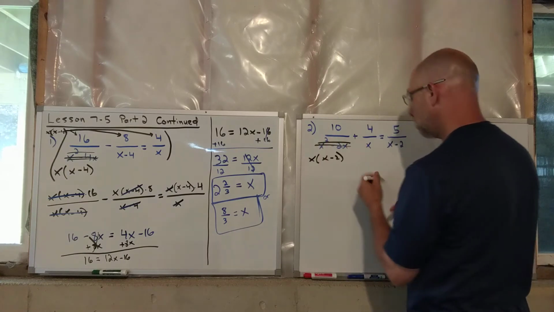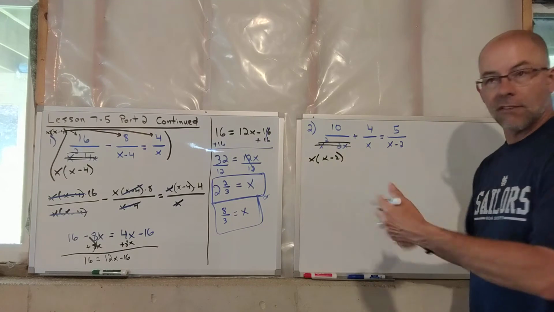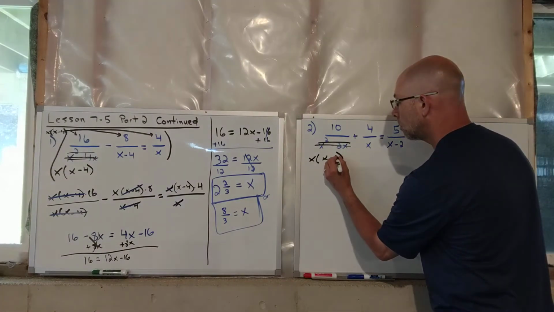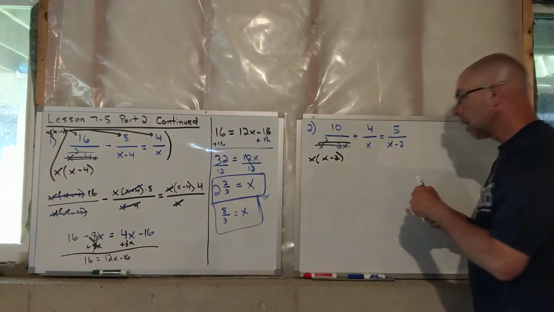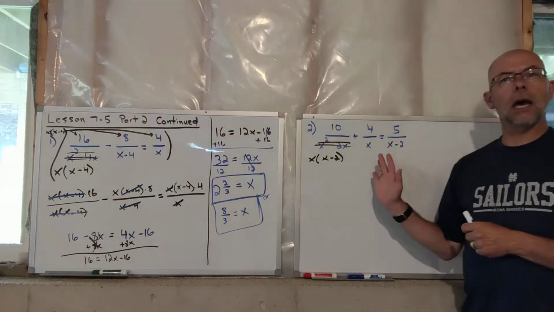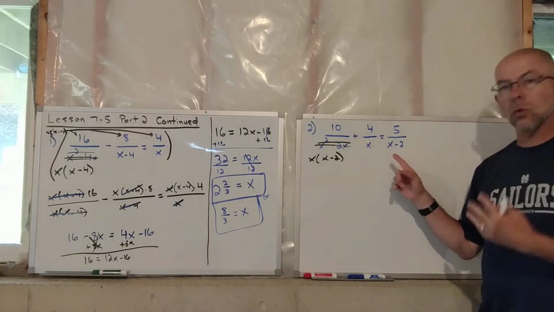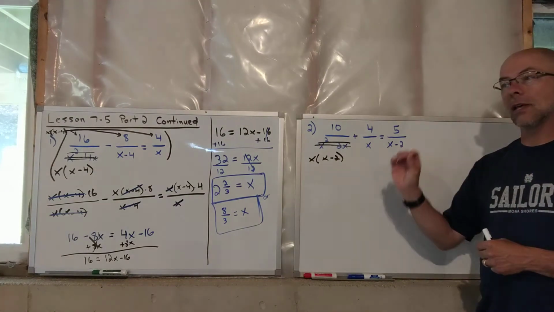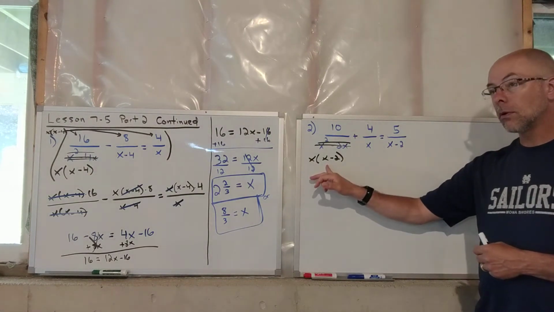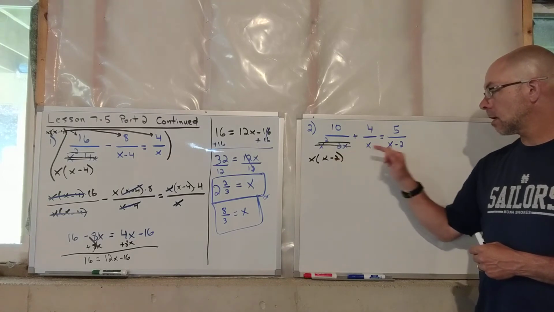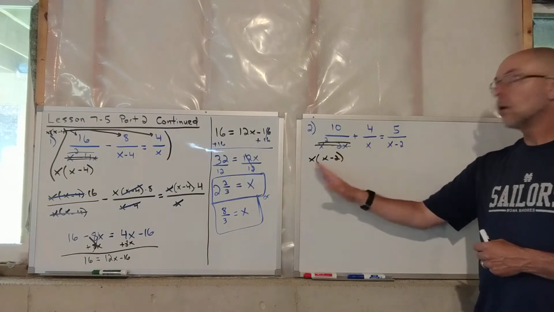I will cross that out because this is equivalent, just different looking. Again, very similar makeup. There's x and x minus 2. This one has x. This one has x minus 2. The common denominator is x times x minus 2.